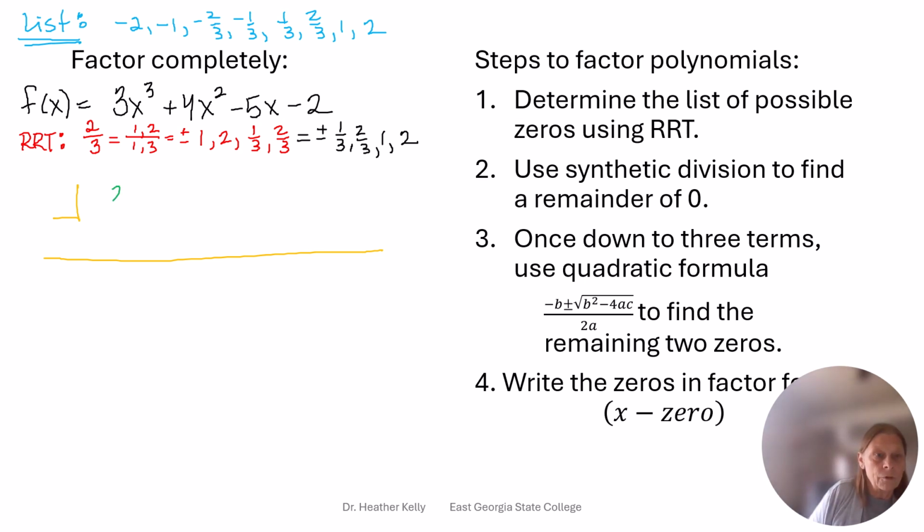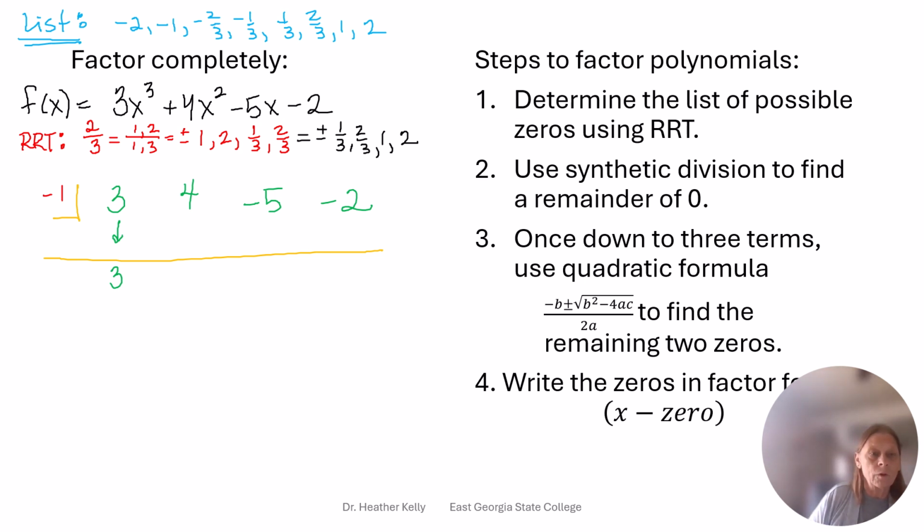And here we have 3, 4, -5, -2. In this case, it doesn't matter which one I choose. Let me choose -1. I'm going to bring down my first number here. And remember what the name of the game is. We're just looking for that zero remainder.